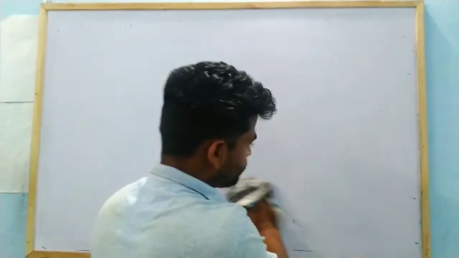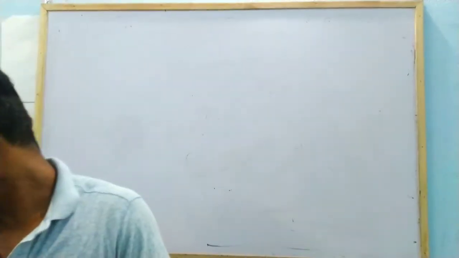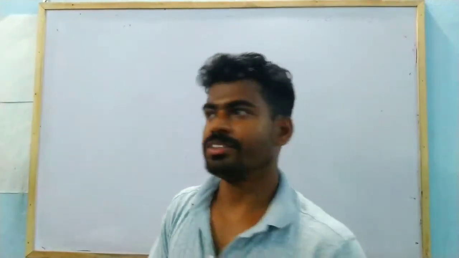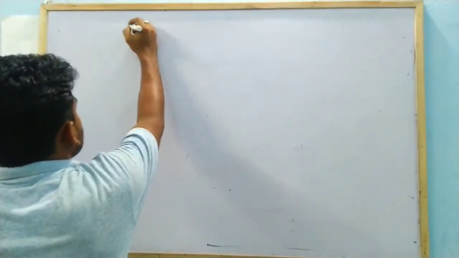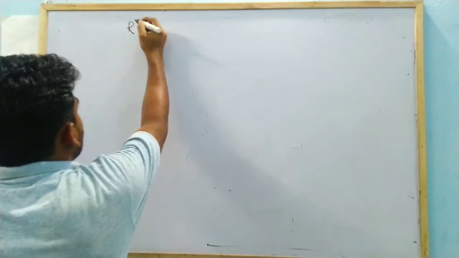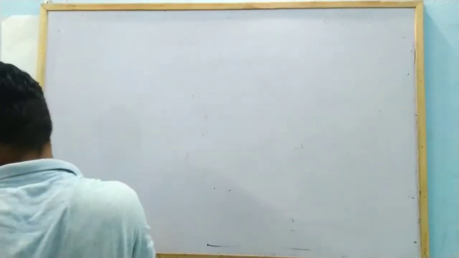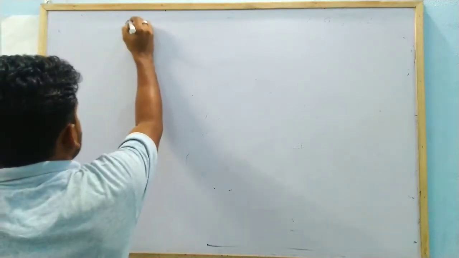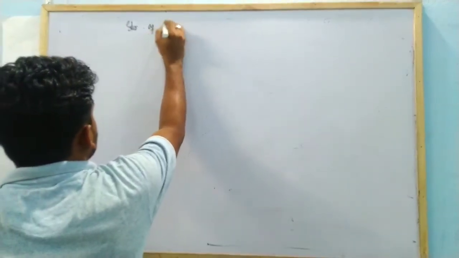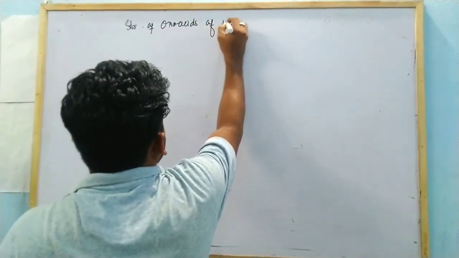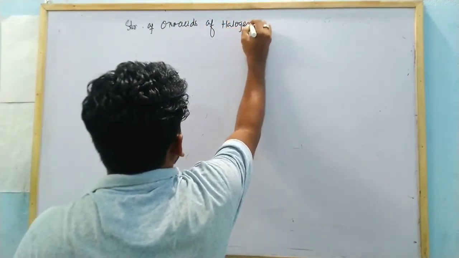Let us discuss reactivity towards oxygen, or very simply, the structure of oxoacids of halogens.